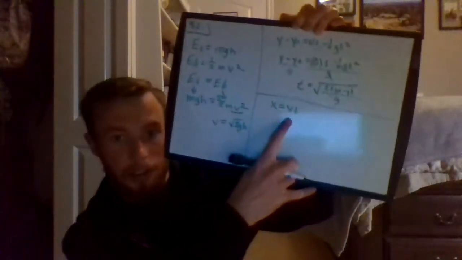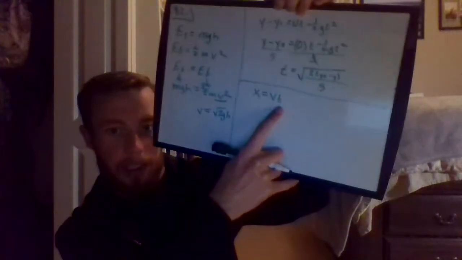Okay, so now we know that the horizontal distance traveled from the exit point is given as x equals velocity times time. Here v is the horizontal velocity and t is the time taken to travel the horizontal distance.